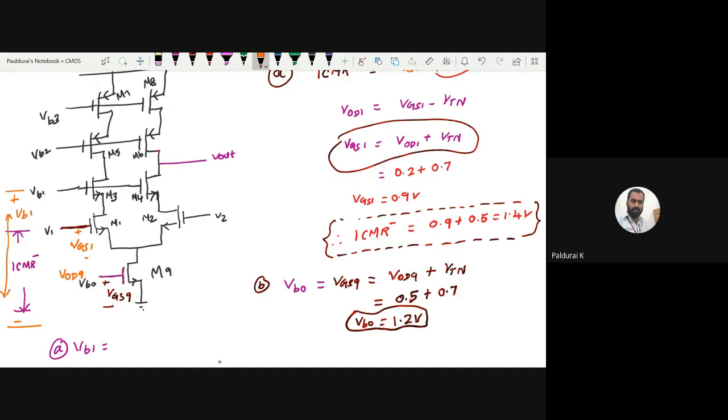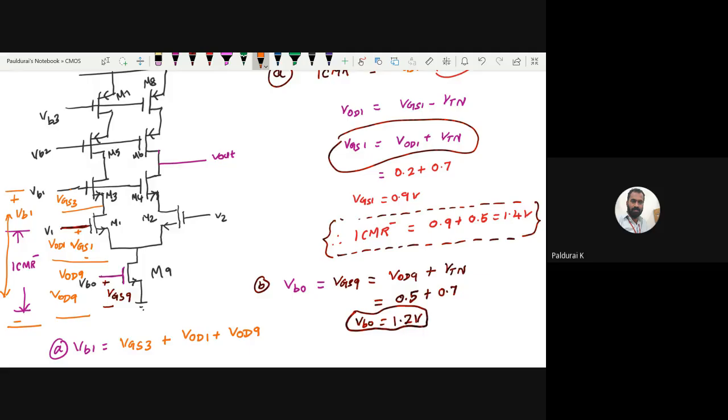What is the voltage from here to here? It is VGS3. Here to here, it is the overdrive voltage of the first transistor. Here to here, it is the overdrive voltage of the ninth transistor. So I can write the expression for VB1 as VGS3 plus the overdrive voltage of the first transistor plus the overdrive voltage of the ninth transistor.